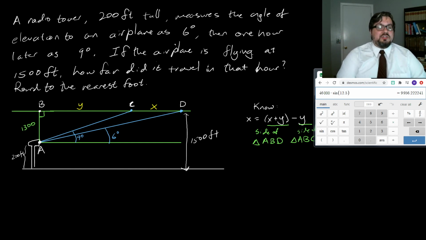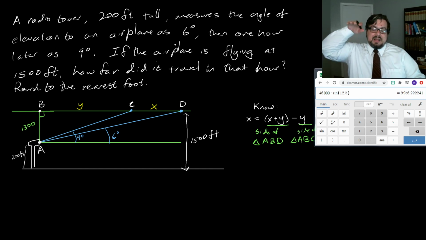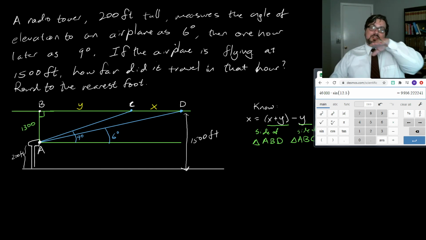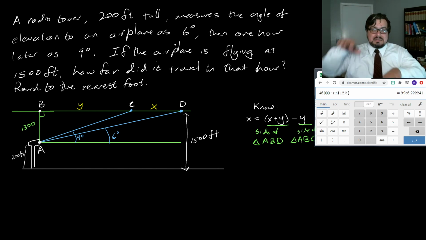Well, here's where we can use some things from geometry. The 2 green lines in the problem are parallel to one another because the plane is flying at a constant 1,500 feet, so it's traveling purely horizontally. Angles of elevation are also measured from a horizontal viewpoint, and therefore those 2 lines, one line of sight, one line of travel, are parallel to one another.